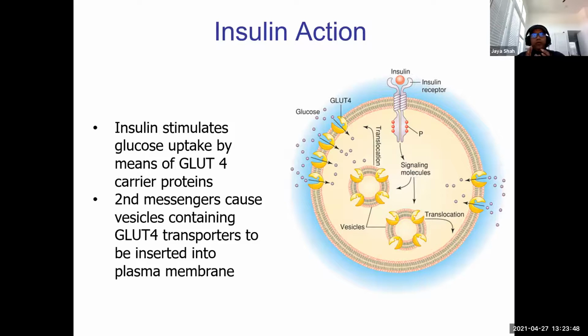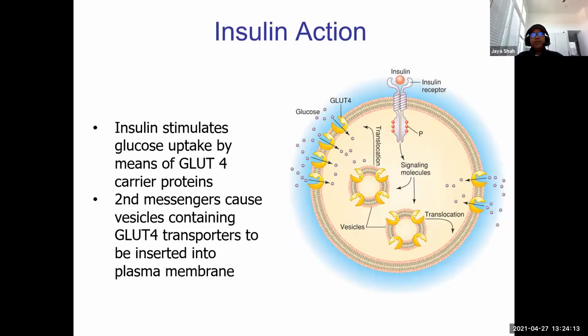So when you eat carbohydrate and protein rich food, it is absorbed from your GI tract and gets into your blood, and that blood takes it to your pancreas. In the pancreas, you have beta cells. Beta cells take that glucose inside the cell, and then glucose activates the beta cell to produce insulin.